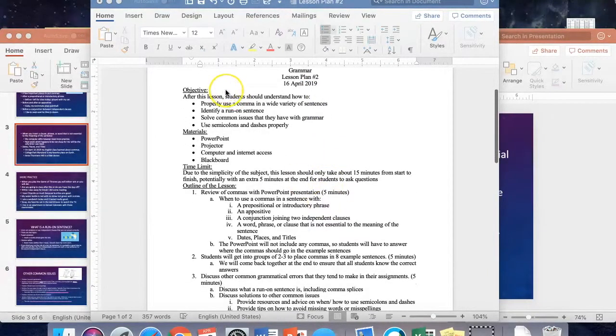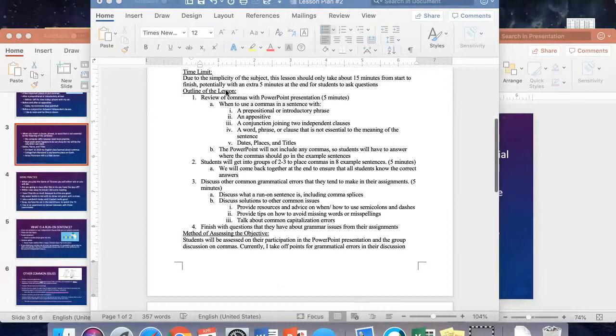As you can see, the objective of the lesson plan was to properly use the commas, identify run-on sentences, and just generally solve issues that they've been having with grammar that I've been noticing, that my professor had been noticing. The time limit is so small, basically because I had to fit this in during our regular lessons.